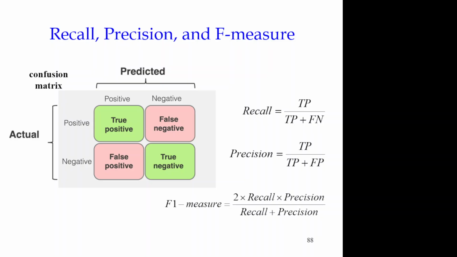Okay, the definitions are very clear. Based on the confusion matrix, we can define recall and precision. Recall is the number of true positives, TP, divided by true positive plus false negative.